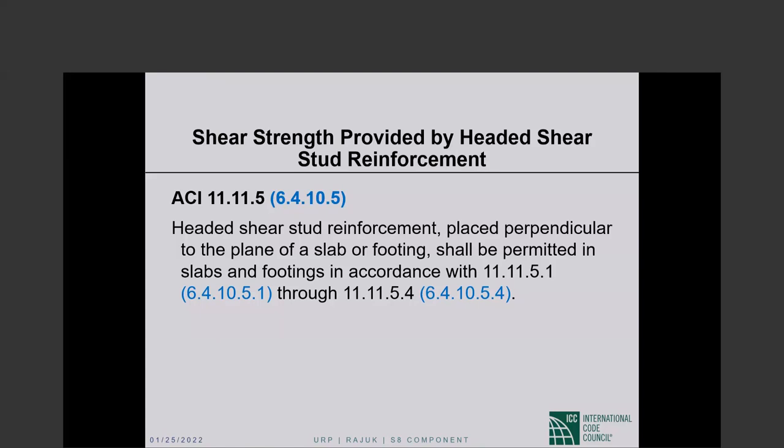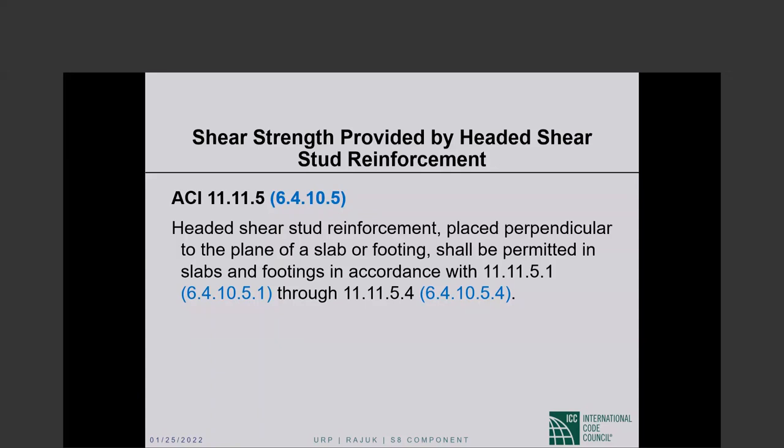You had to pay somebody a royalty to use this product because they had a patent on it. Then the patent ran out, and when a patent runs out, obviously nobody can claim royalty. And then there were multiple manufacturers, and then ACI 318 felt comfortable in bringing it into the code. Proprietary products are not covered by ACI 318 for obvious reasons.